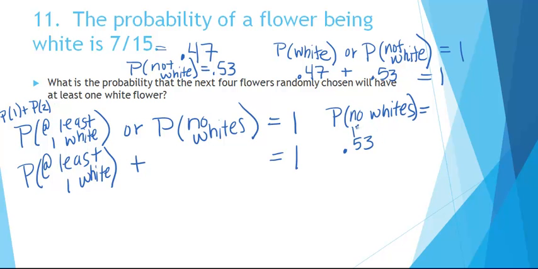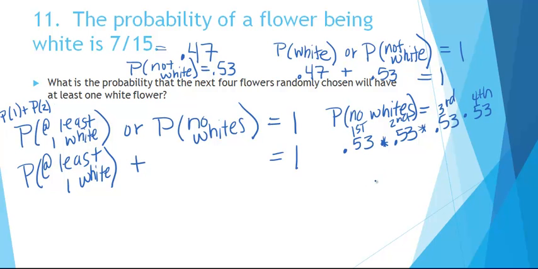And so the first one not being white is 0.53, and the second one, and typically means multiply, times 0.53 second, and the third not being white, and the fourth not being white. So this is third and fourth.